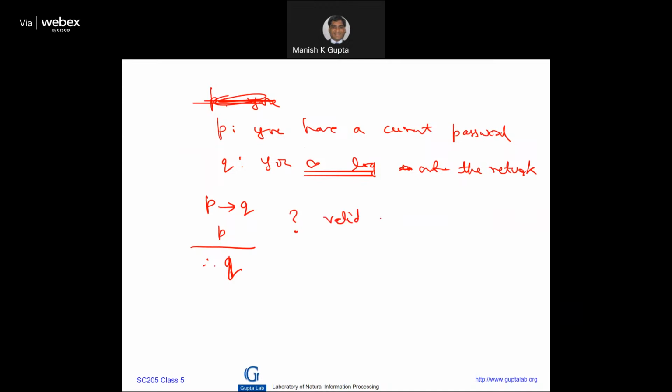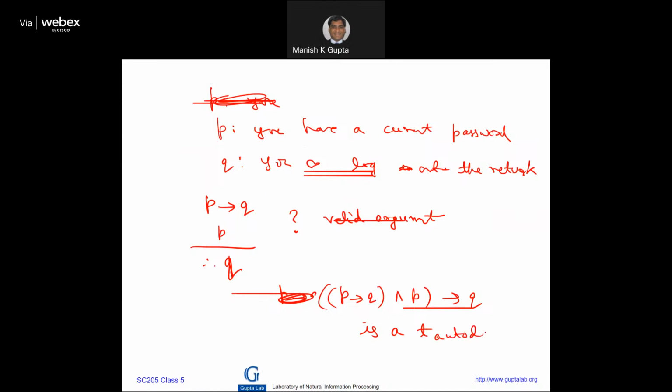The answer is yes, this is a valid argument. And actually, you can clearly see that this means that (P implies Q) and P, implies Q, is a tautology. So this is nothing but a tautology, a simple argument observation.